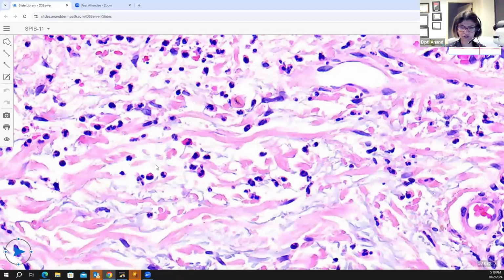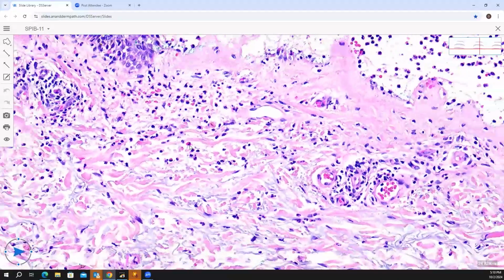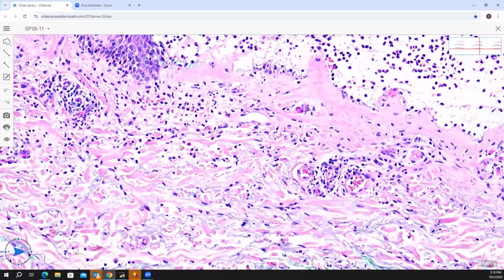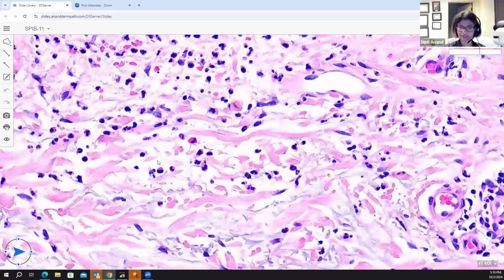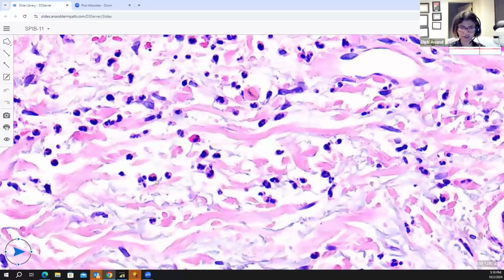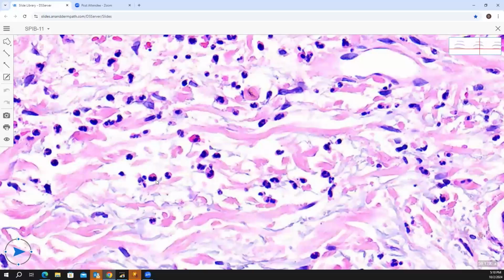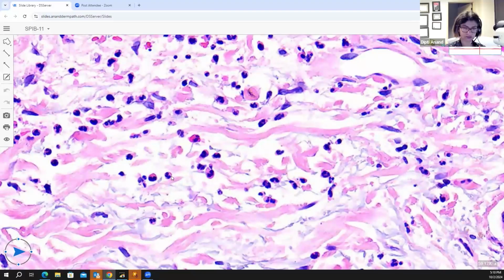This is a neutrophil. This is a neutrophil. That is an EO. What about the one to the left and to the bottom of the one you're pointing to? That one, that's also an EO. What about to the right of that one? That's a neutrophil.